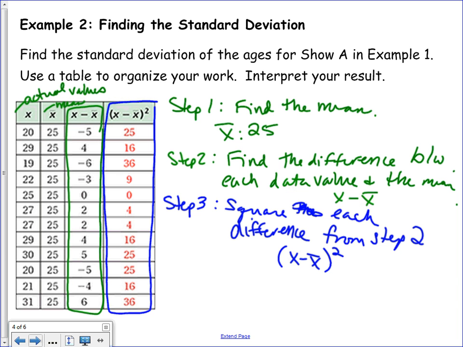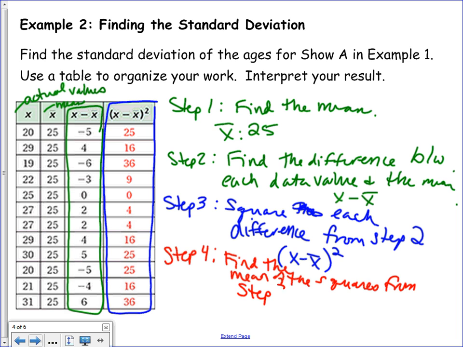And now in step 4, we have to find the mean of the squares. Okay. And then we're going to add up all of these values in the last column of our table. And then we're going to divide by 12.